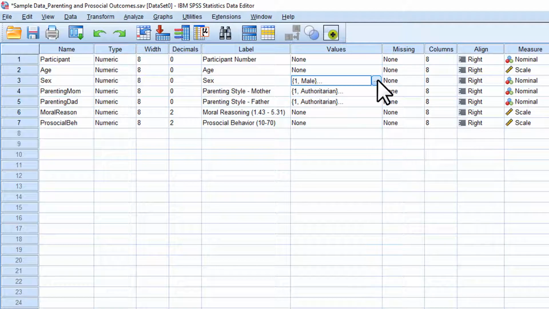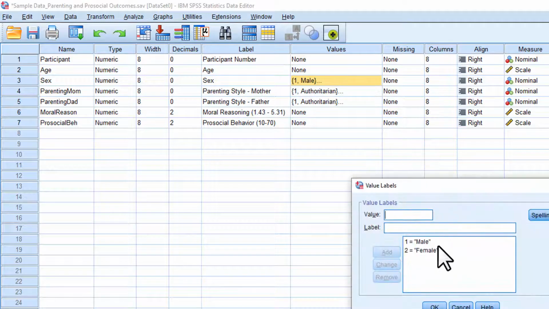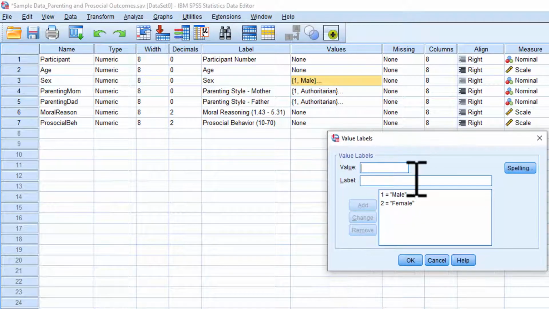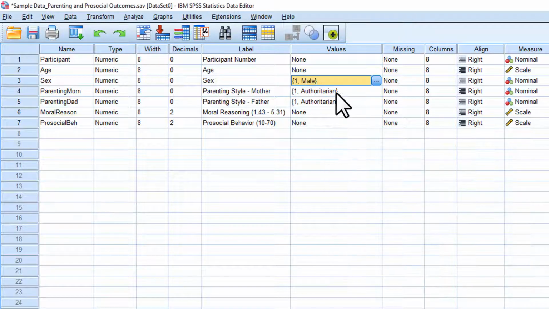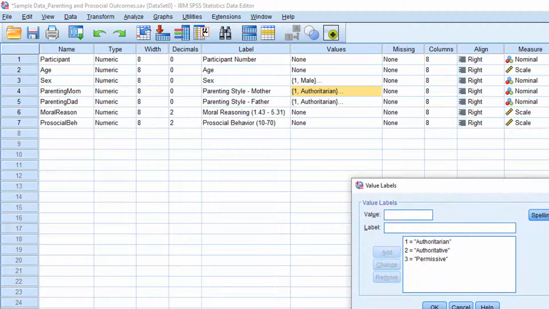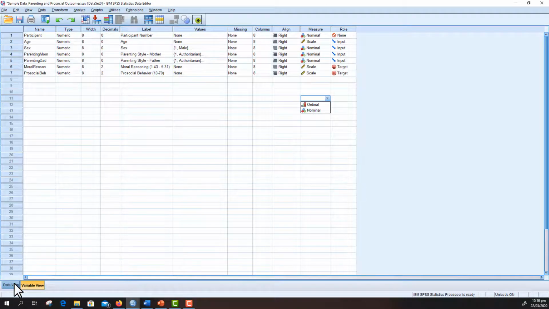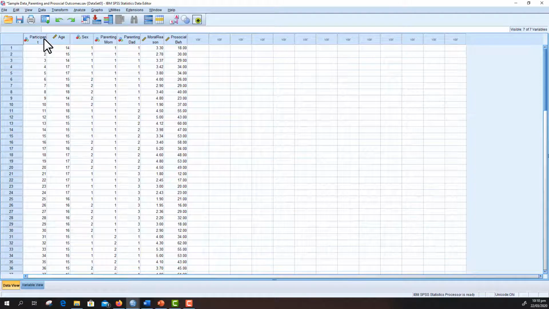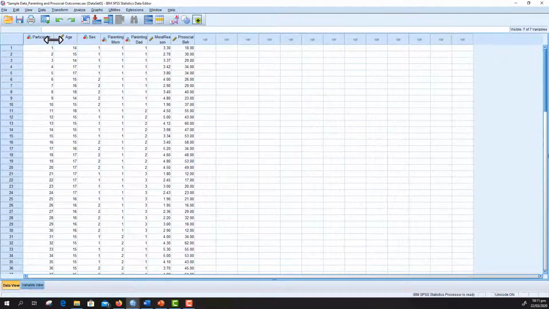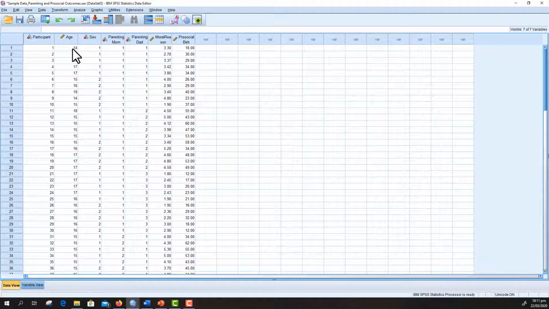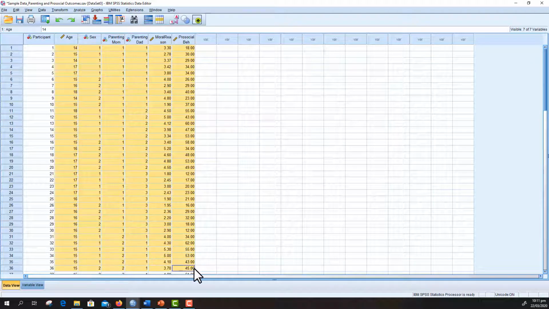Assign the respective values for variables which have categories. For instance, sex, or in terms of the parenting styles. And then make sure that the scale of measurement is assigned properly. In terms of the data, make sure that you have all the entries here encoded properly.